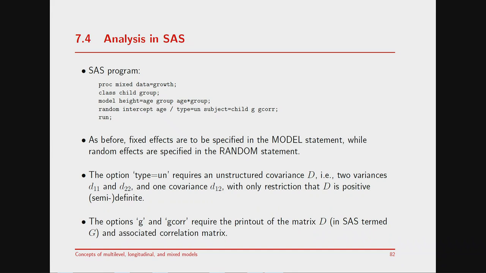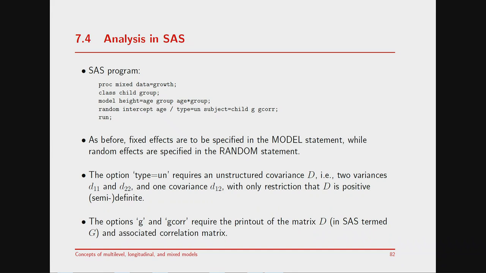Or if, for whatever reason, you would want to restrict D11 and D22 to be equal to each other, you can do it, but it would not be option UN. You then need another option. If you look in your help function in SAS, there are maybe 30, 40 different possible options. We're not going to use them in this course, because in most of the examples, there is no reason to put a special structure on that covariance matrix a priori.